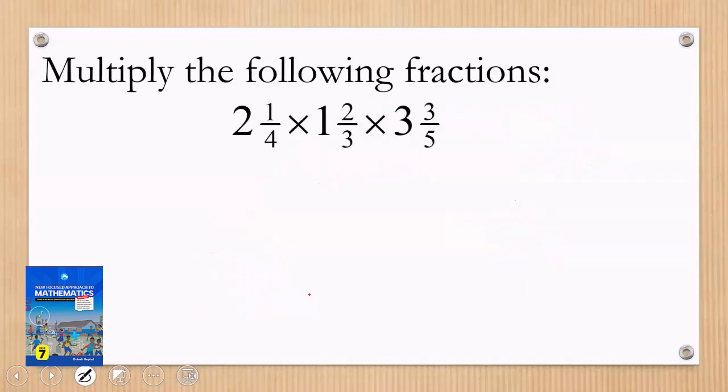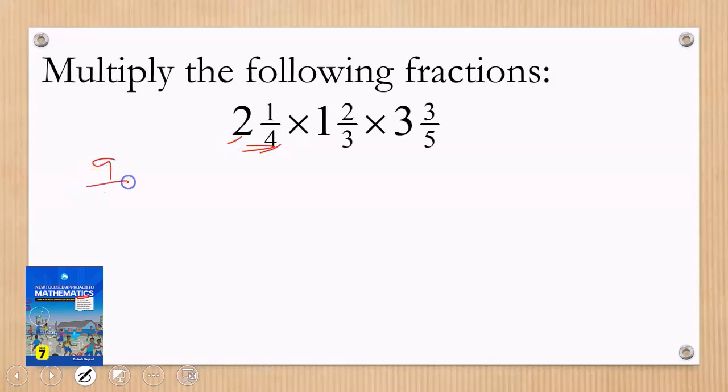All right, let's take another example and see how we multiply these fractions. These are mixed numbers or mixed fractions, so we can reduce them to improper fractions for easy multiplication, right? So the first number is 2 1/4. So 2 1/4 means I multiply 2 times 4, which is 8, plus 1.